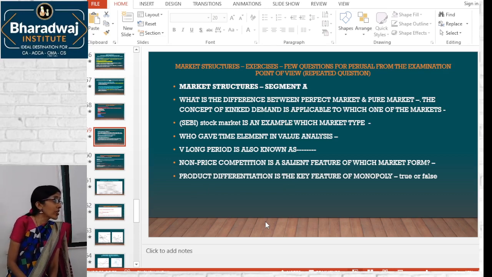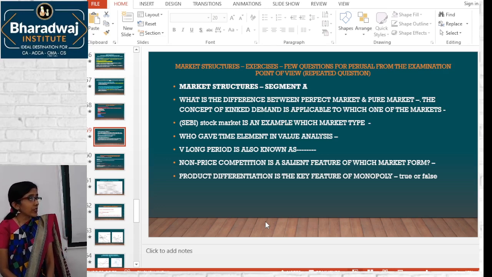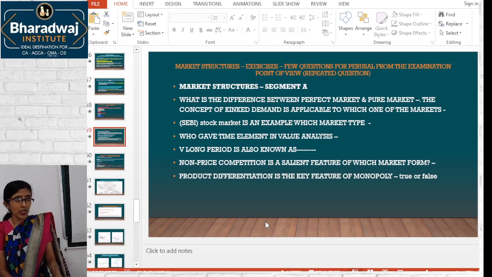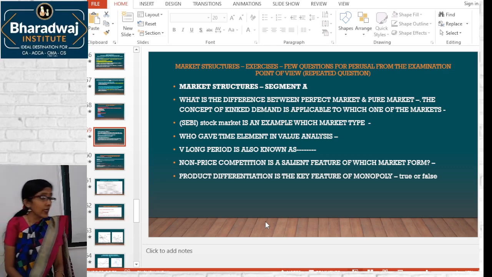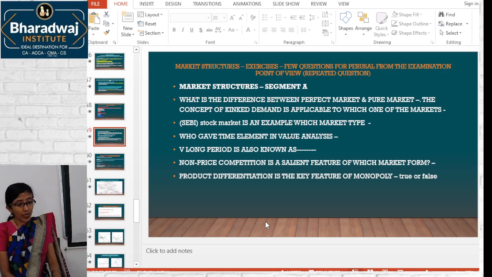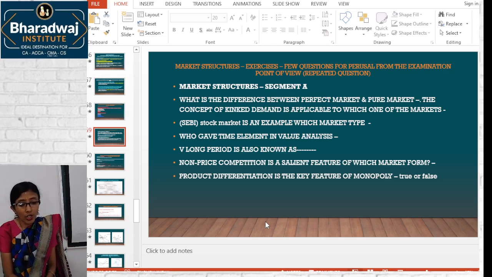Monopolistic competition. My dear students, focus on the features of various market forms. Each market form has a highlight feature. So non-price competition is a core feature of monopolistic competition. Product differentiation is a key feature of monopoly.